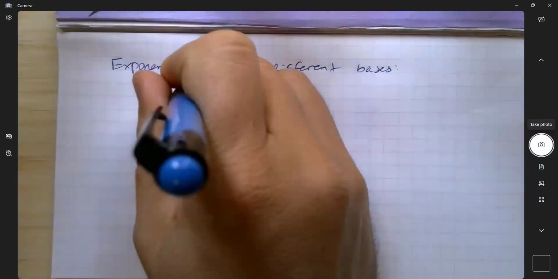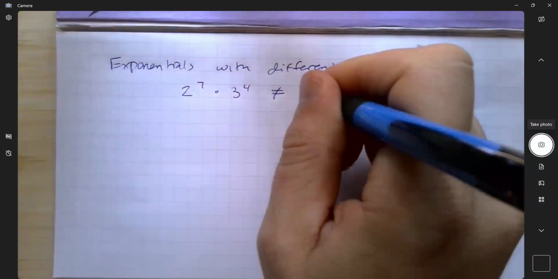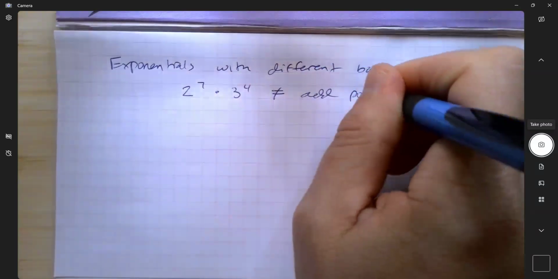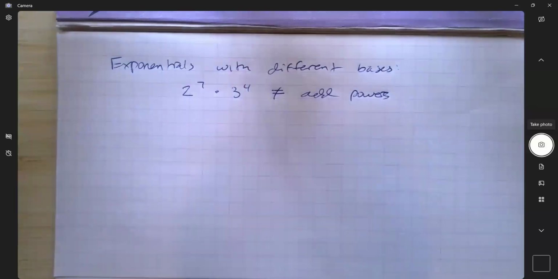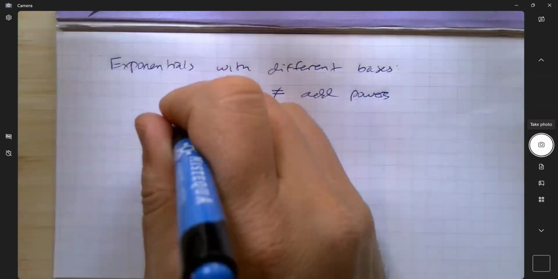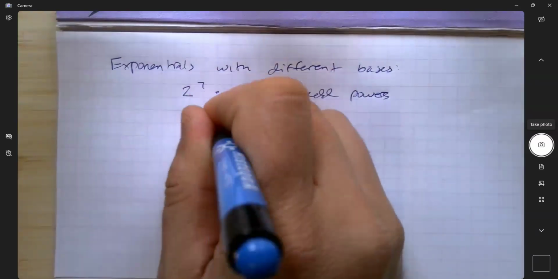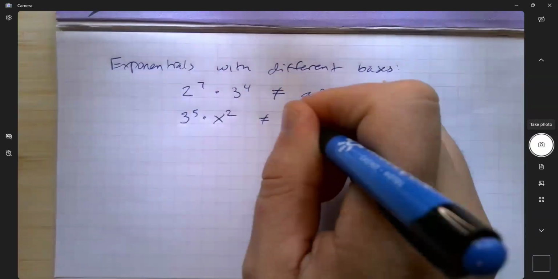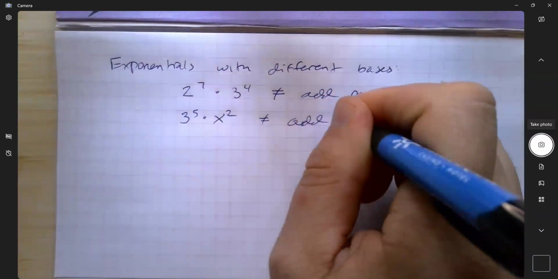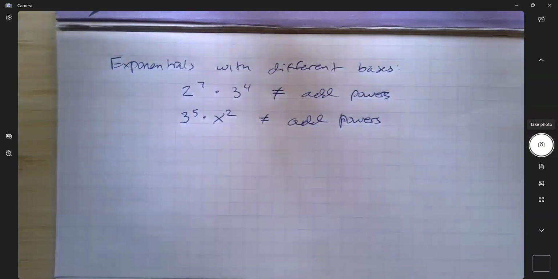So for example, if I have 2 to the 7th times 3 to the 4th, I cannot add powers because they have different bases. That also goes for if I have something like 3 to the 5th times x squared, I can't add bases or add powers, can't add bases, can't combine them at all.